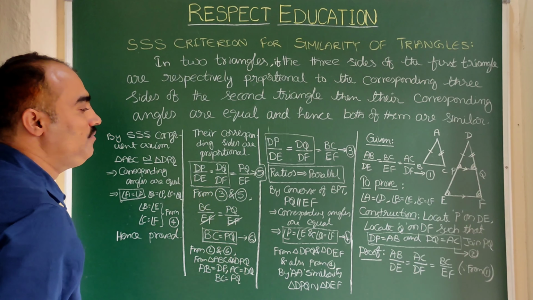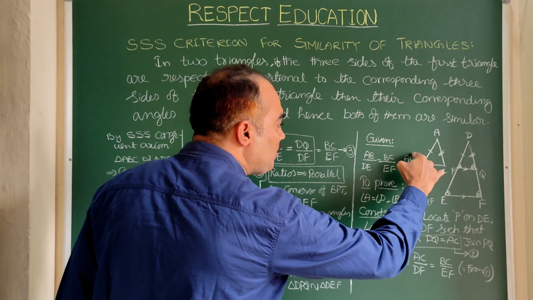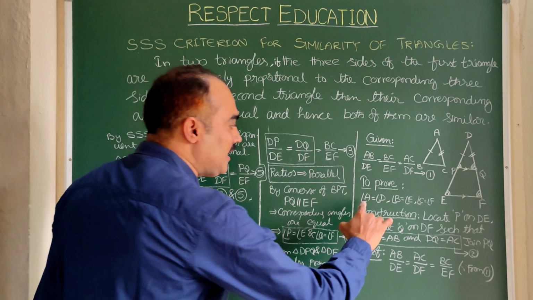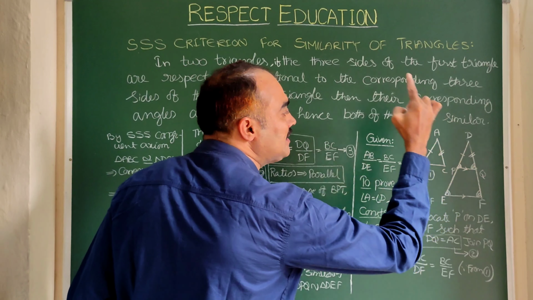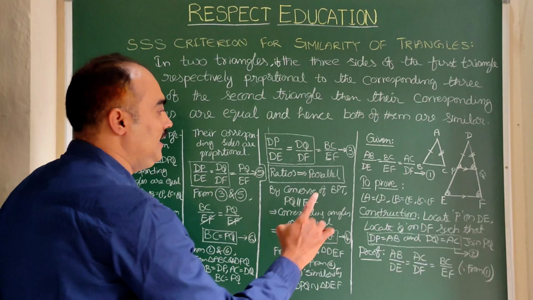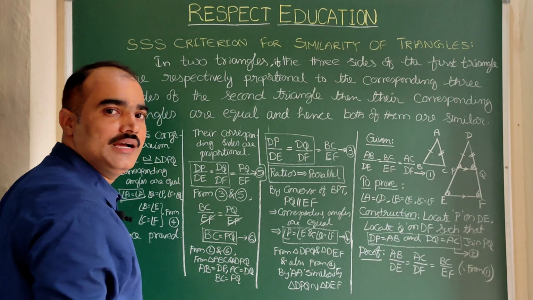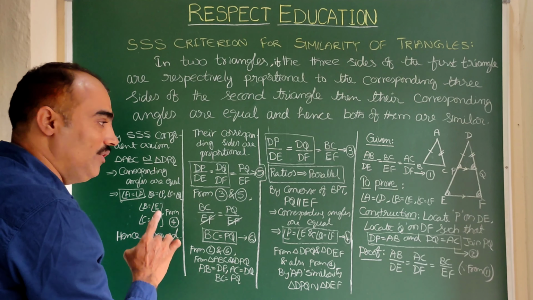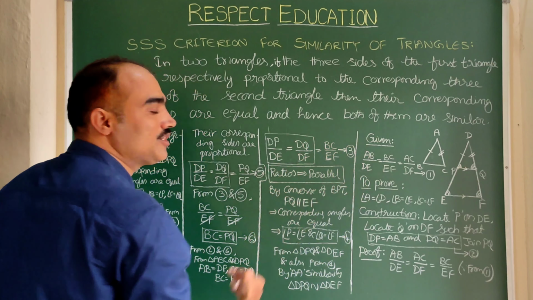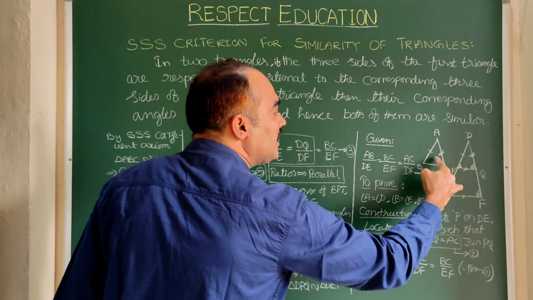And one more thing, when the corresponding sides are proportional and corresponding angles are equal, then both the triangles are similar. Clear? Here we have already been given that corresponding sides are proportional. Just now we have proved corresponding angles are also equal. When corresponding sides are proportional and corresponding angles are equal, definitely these two triangles are similar.